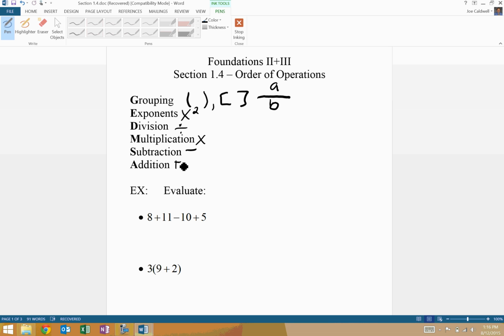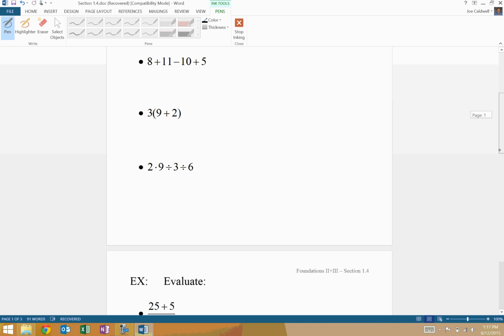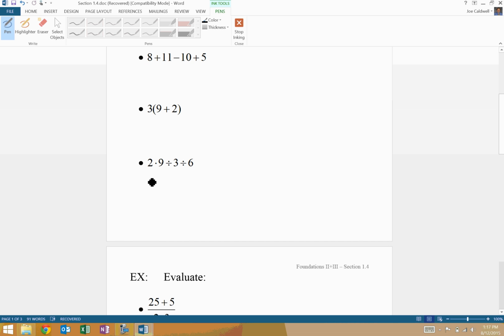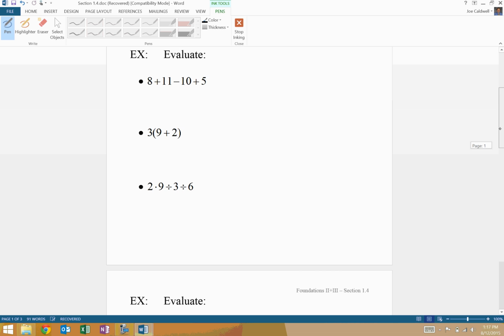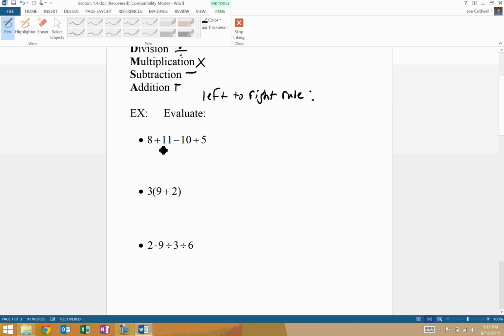What we have down below here is an example of what's called the left to right rule. It basically states that if you have a string of addition and subtraction, or a string of multiplication and division, just those two things, either or, okay? So notice how it's all addition and subtraction, or all multiplication and division.